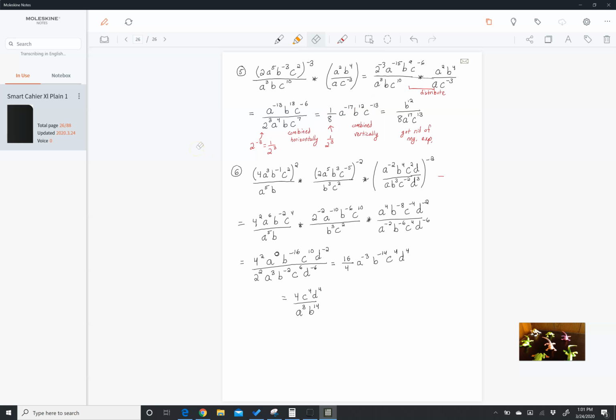We distributed the exponents. The 2 to the negative 2 became 1 over 2 squared. So we combined horizontally here.